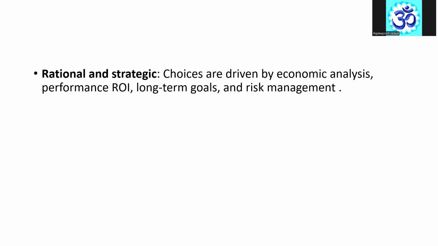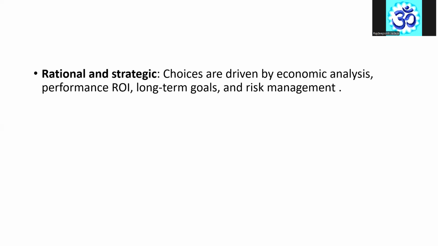Rational and strategic. Organizational buying behavior is rational and more strategic compared to individual or consumer buying behavior. Choices are driven by economic analysis, performance, ROI, which stands for return on investment, long-term goals, and risk management.